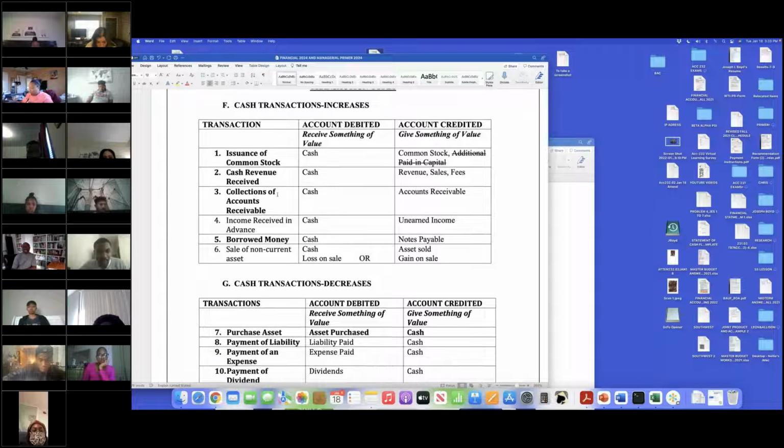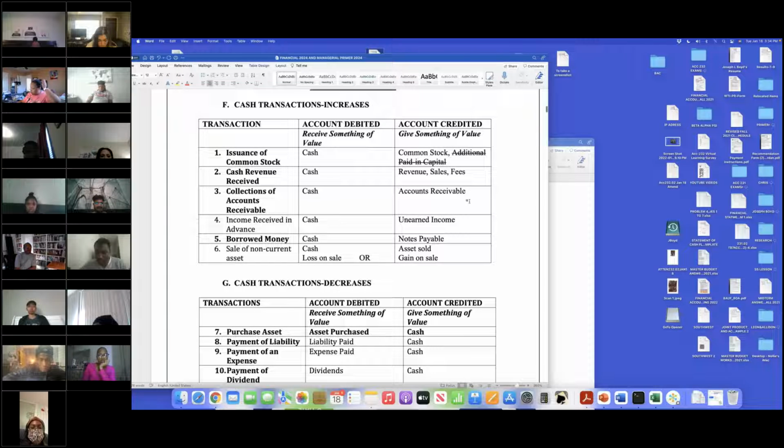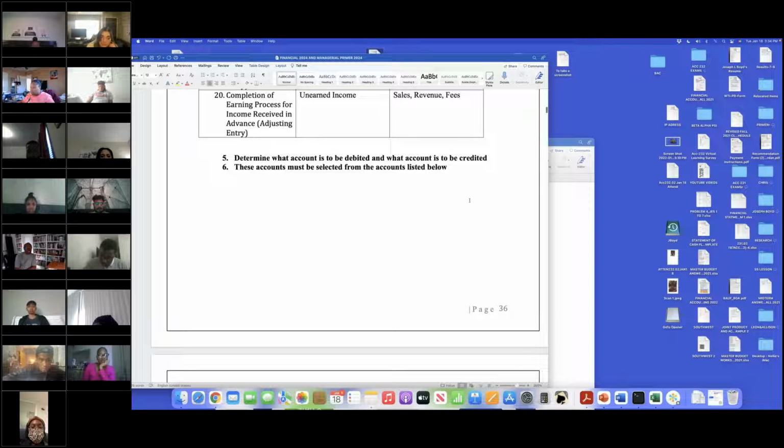That's number 3. What do we debit in a 3? Cash. What do we credit? The account receivable. Well, we got some smart people in this class. And cash is 100, receivable is 110.